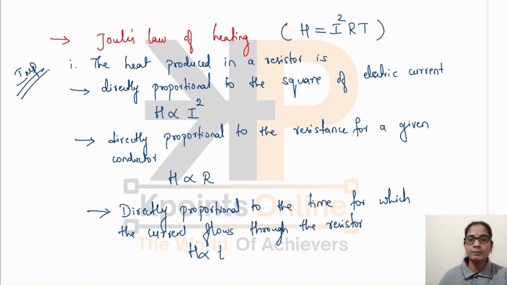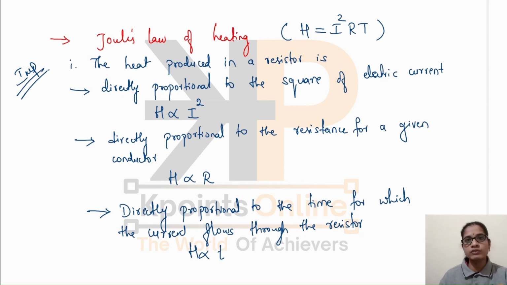And also it is directly proportional to the resistance for a given conductor. More it opposes the flow of electric current, more will be the heat produced, because there will be more collision between the electrons and atoms. Heat produced is mainly due to the collision of these electrons with the atoms. That is, opposition to the flow of these electrons is resistance.